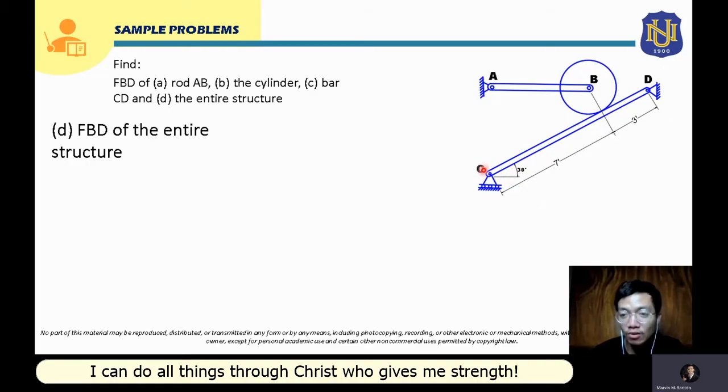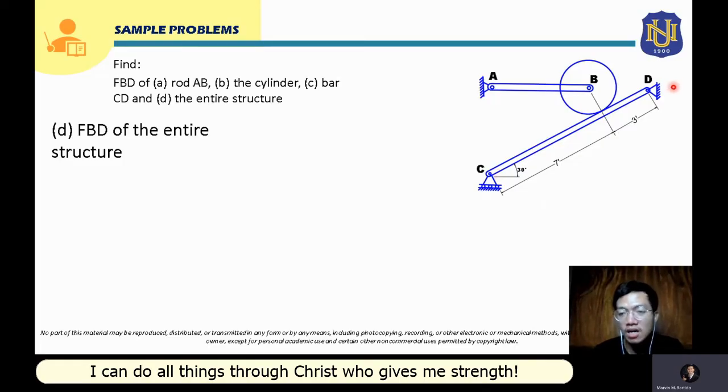No other support. So this roller at C is actually a main support. And also, this hinge at D is also a main support. So in the free body diagram of the entire structure, we will now show the reaction forces of the main supports.